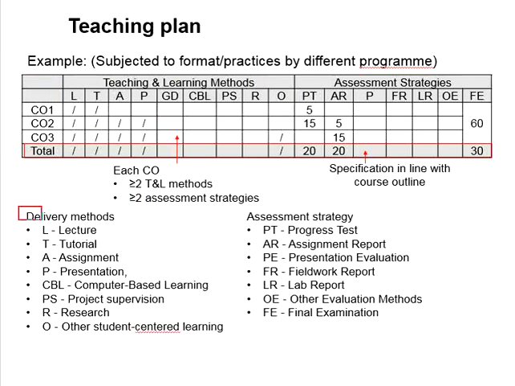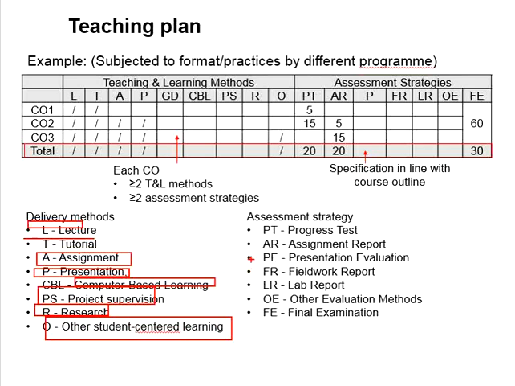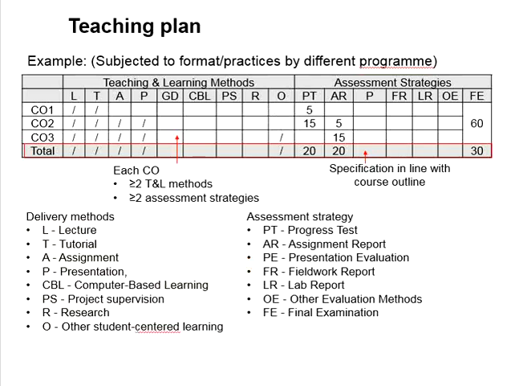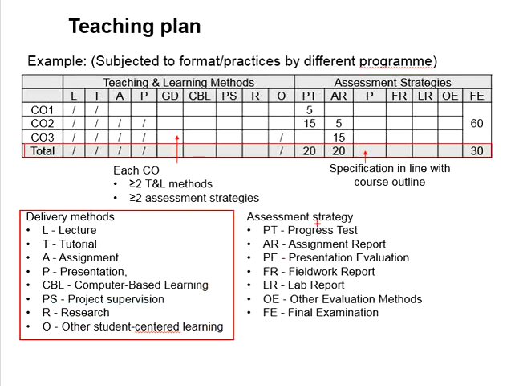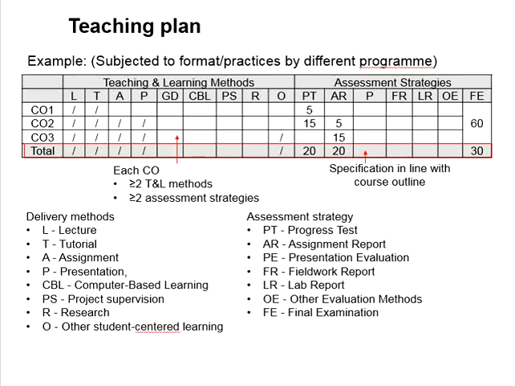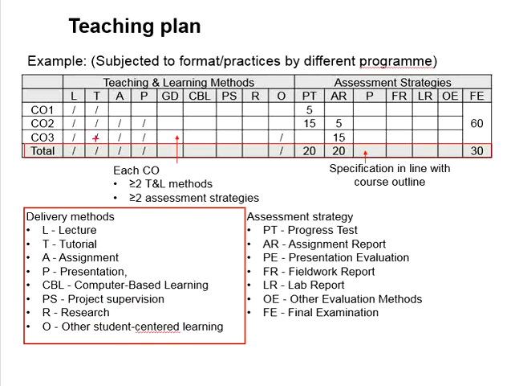There are various modes of the delivery methods: lecture, tutorial, assignment, presentations, computer-based learning, project supervisions, research, and other student-centered learning. Different universities may have different classifications. Supposedly, you will need to choose the right delivery methods in order to fit the learning outcome.